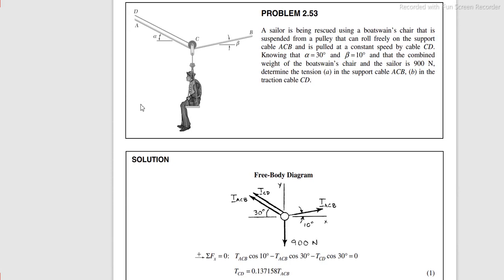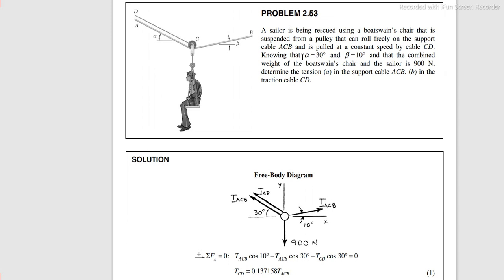Next problem 2.53. A sailor is being rescued using a boatswain chair that is suspended from a pulley that can roll freely on the support cable ACB and is pulled at a constant speed by cable CD.